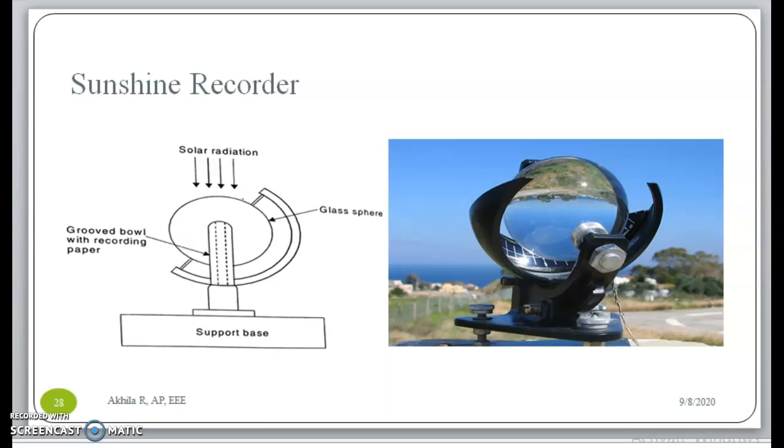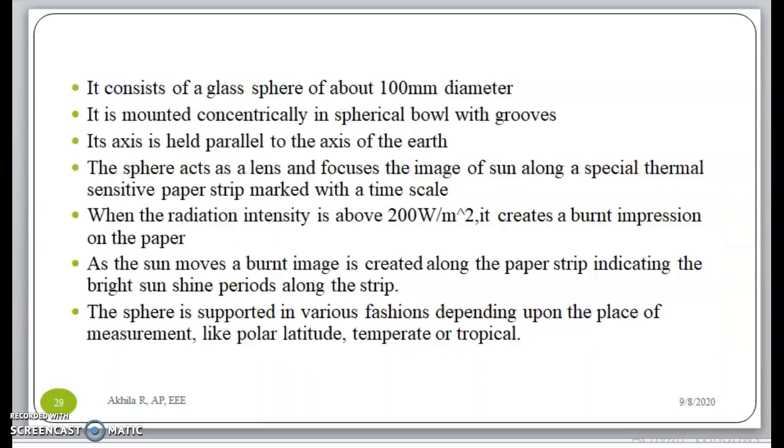You have a glass sphere with a support base and a grooved bowl with recording paper. The solar radiation directly falls into the glass sphere, and the grooved bowl, which is fitted with the recording paper, helps to know the radiation directly.